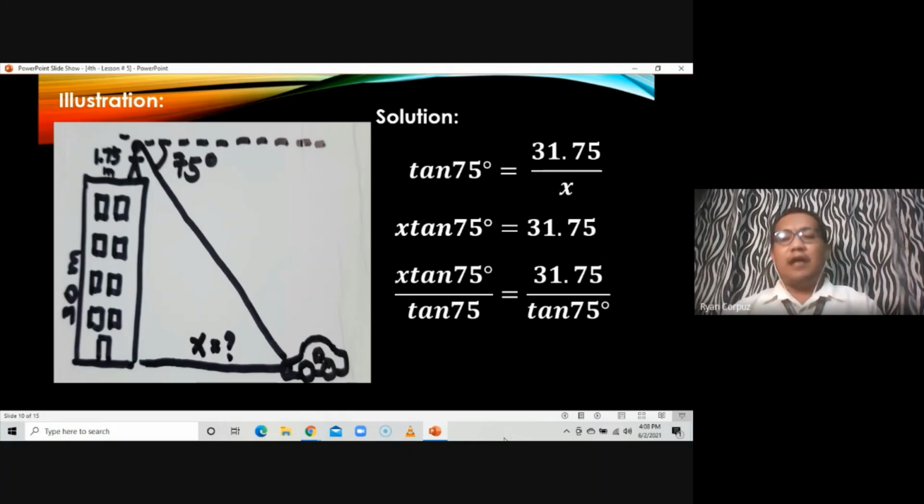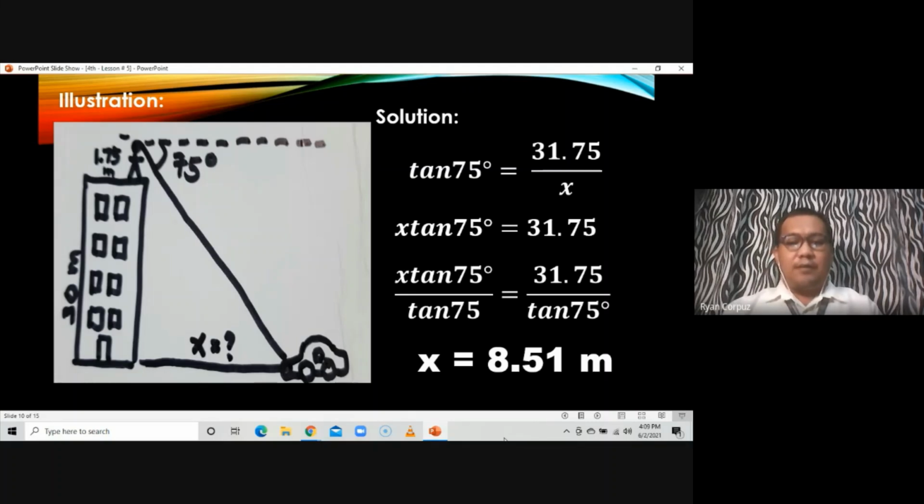For the latest calculators that have a fraction part, press the fraction button, then on the numerator, type 31.75. On the denominator, press tan 75, then DMS. Then press equal. So you'll get the value of x, which is equal to 8.51 meters.